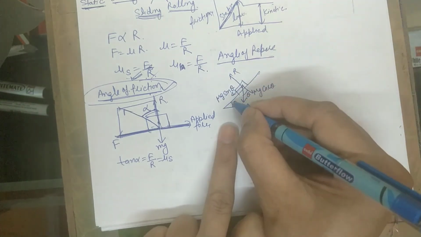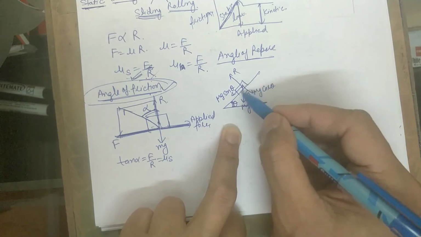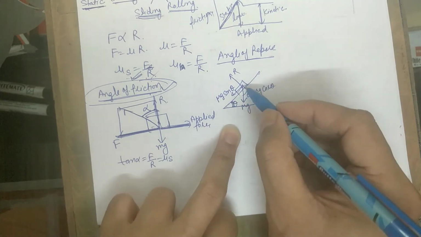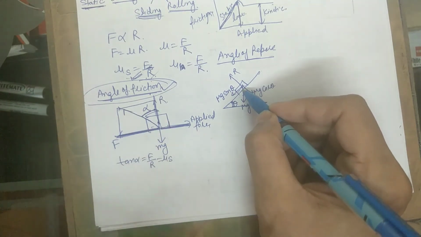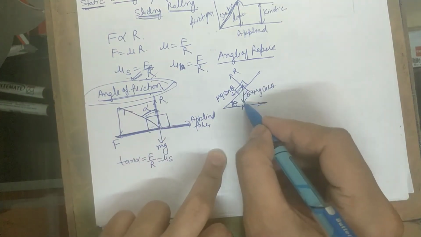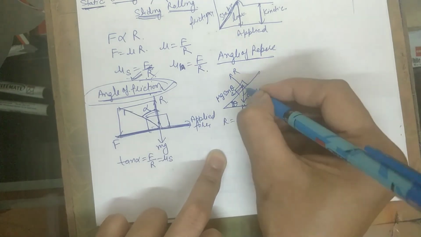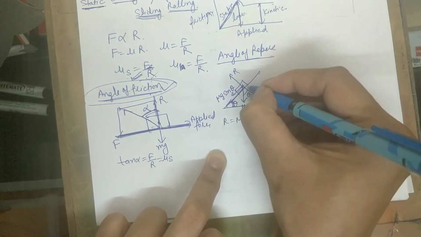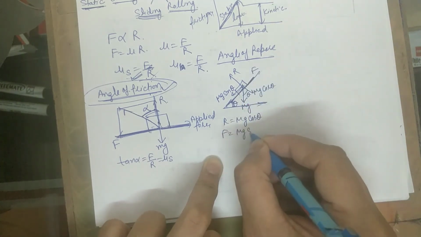This is the minimum angle of inclination at which a body placed on the inclined plane is just beginning to slide. Mg is downward, normal reaction is mg cos theta. When it starts sliding downward, there is a friction upward, and this friction is mg sin theta.